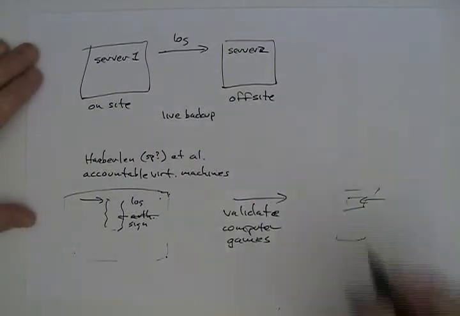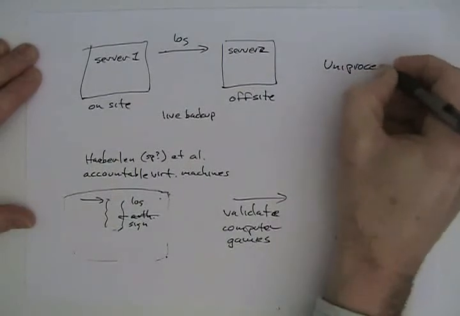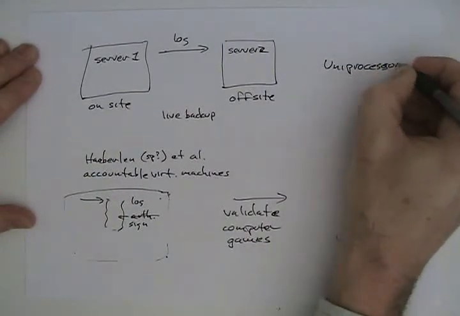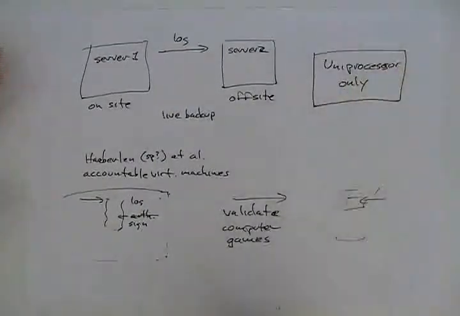It's also worth pointing out that this is uniprocessor only. Any of these logging and replay mechanisms work only for uniprocessors because there's a lot of asynchrony down at the hardware level, and that's affected by the execution of the hypervisor during periods of time that aren't visible to the guest OS.